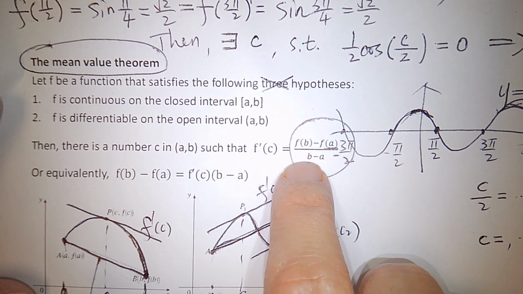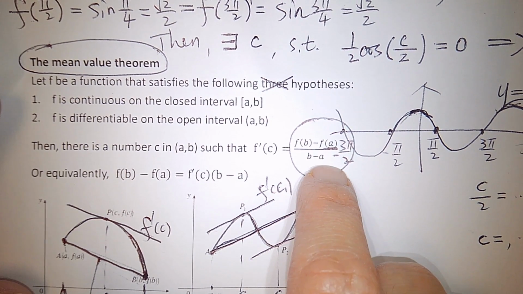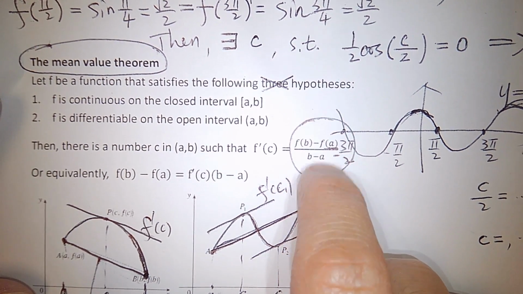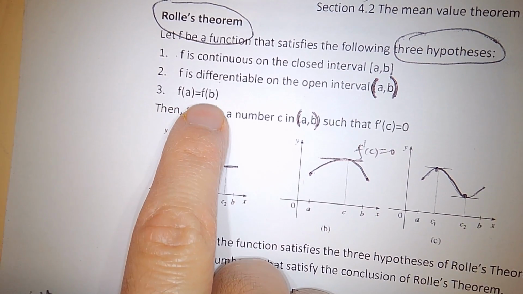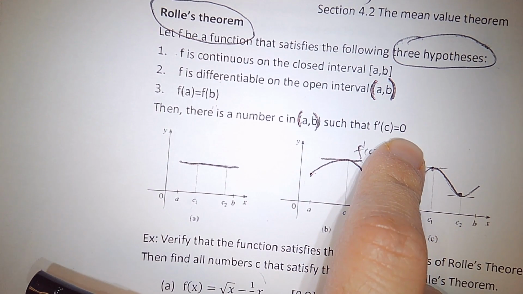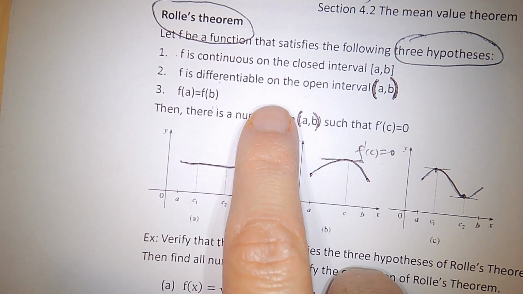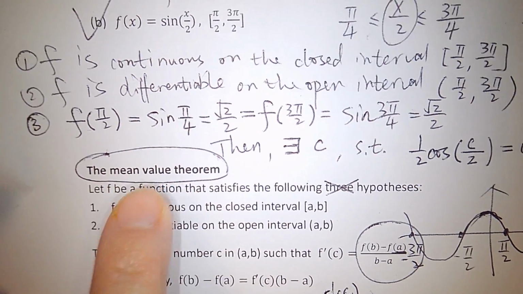So 0 divided by b minus a. b minus a cannot be 0, right? Because b is always greater than a. So 0 divided by a non-zero number gives us what? 0. So that means if f of a equals f of b, f prime of c must be what? 0. So that's why Rolle's theorem is a special case of the mean value theorem.